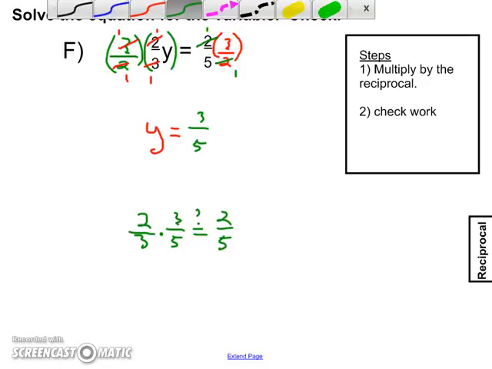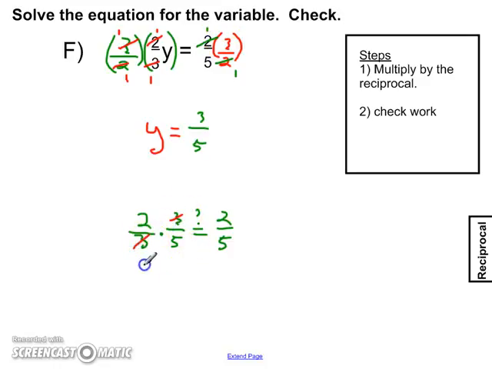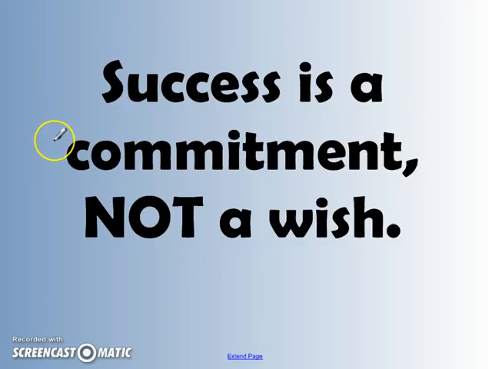Notice, when I simplify this, the 3's cross reduce. 2 times 1 is 2. 5 times 1 is 5. 2/5 is equal to 2/5. And it checks. So multiplying by a reciprocal, get used to using it.